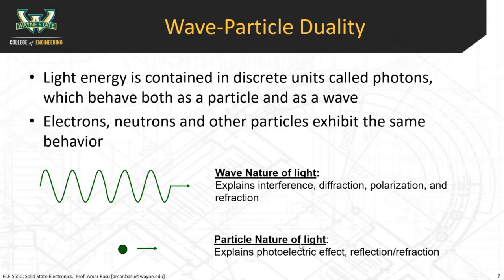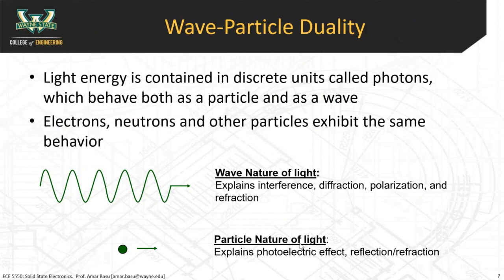I'll show another example of that on the next slide. Electrons, neutrons, and other particles also exhibit similar behavior, meaning they exhibit some properties that are wave-like and some properties that are particle-like.